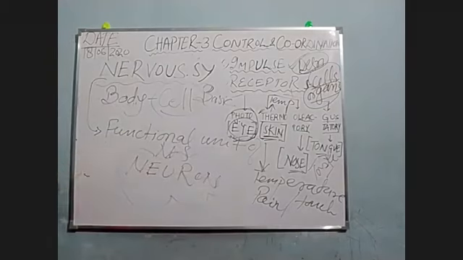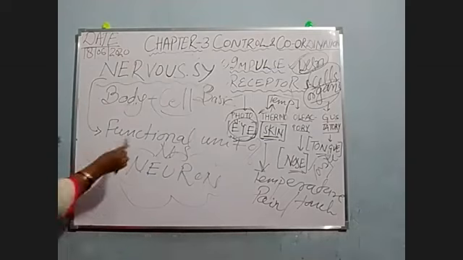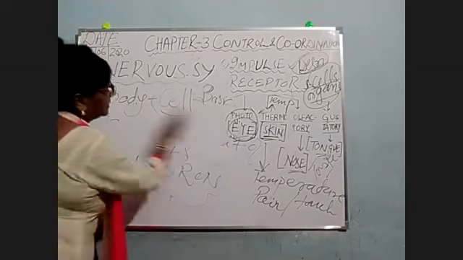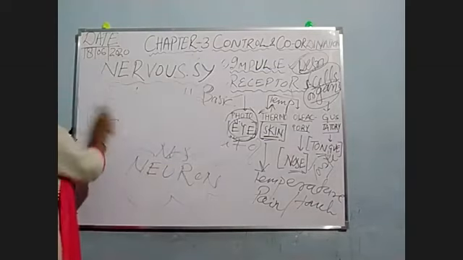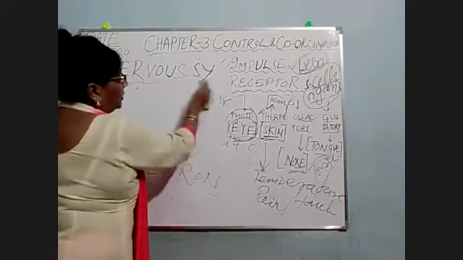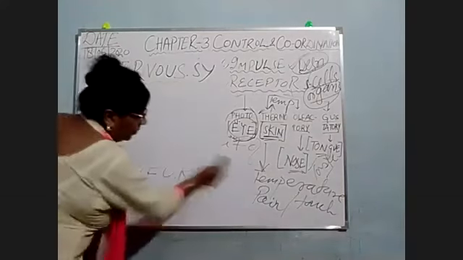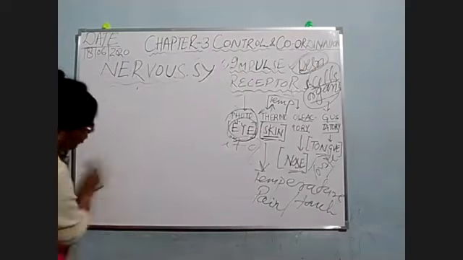If you know the neuron, automatically you are going to understand the structure of the nervous system. I will draw a diagram of the neuron. Later we are going to discuss how it works.